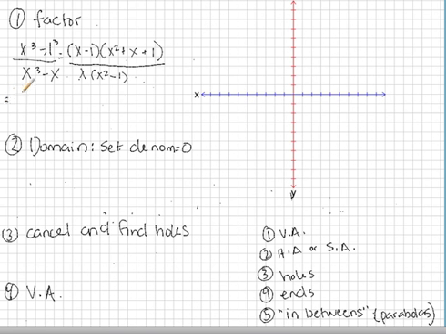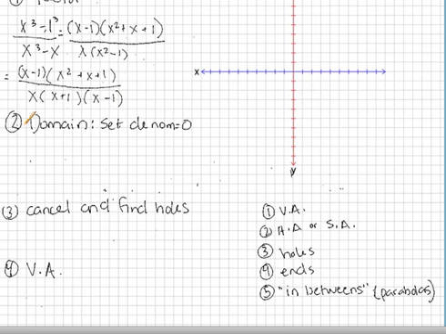So we end up with x minus 1 times x squared plus x plus 1 over x times, and this difference of squares will factor into x plus 1 and x minus 1.